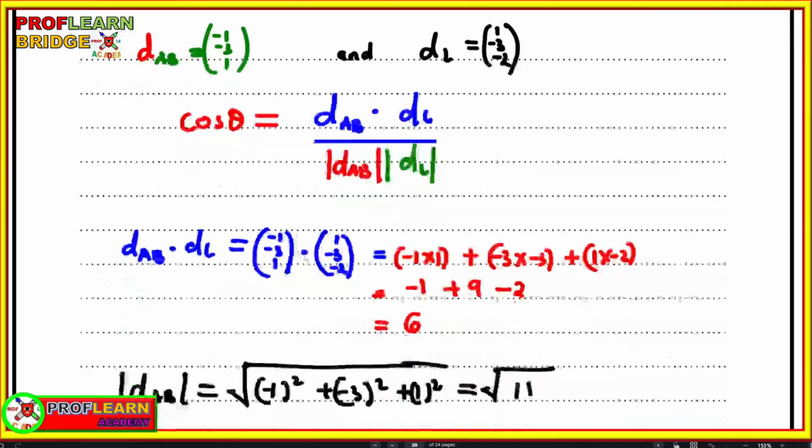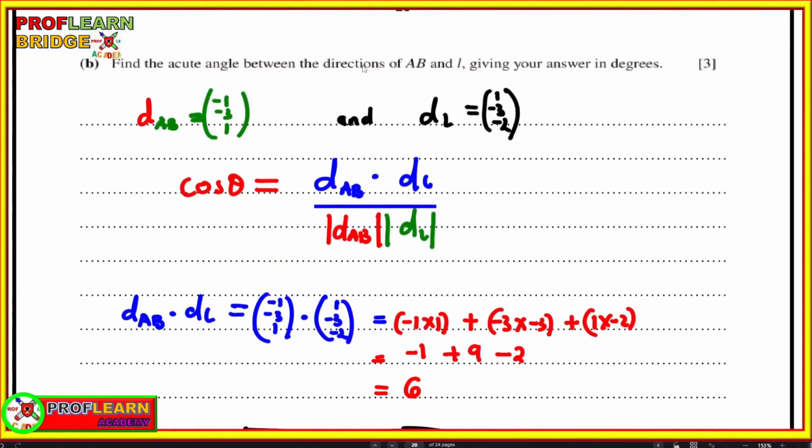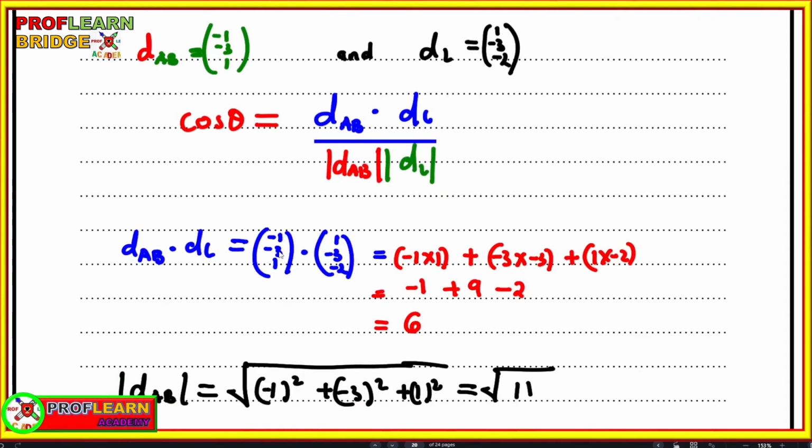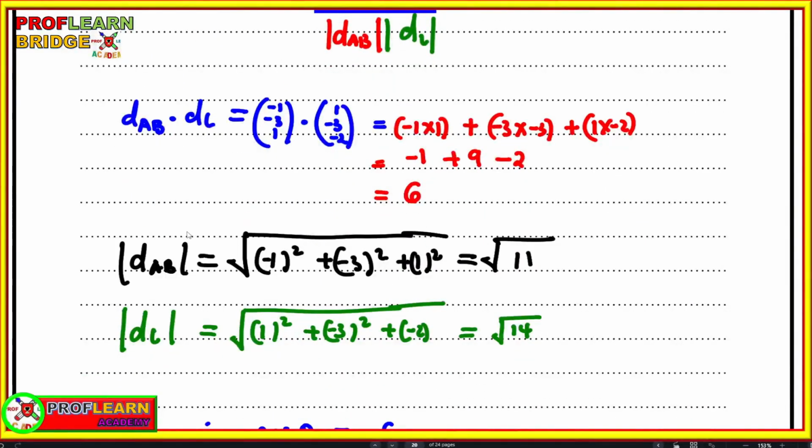Now, in order to get the angle, we are going to say cos theta is equal to the dot product of the directions over the product of the magnitudes of the direction vectors. So remember, for the dot product you multiply negative 1 times 1 plus negative 3 times negative 3 plus 1 times negative 2, and we're going to get 6.